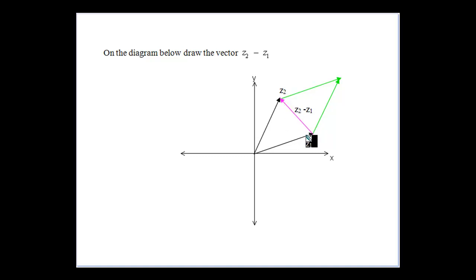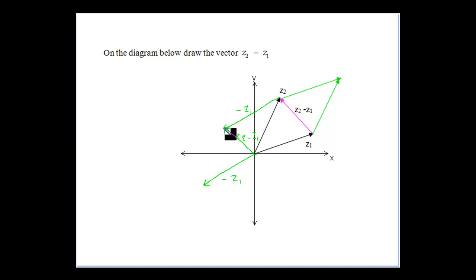But how does that work? So we've got z2. What does minus z1 look like? Well, that would be a vector in that direction, in a straight line. So if we make it a free vector and move it up, it's going to look something like that. So minus z1 being moved up there, and then we get the vector that goes to that point, which would be z2 minus z1.